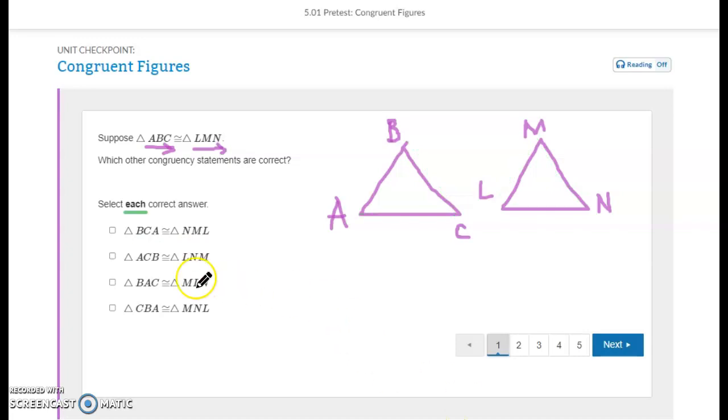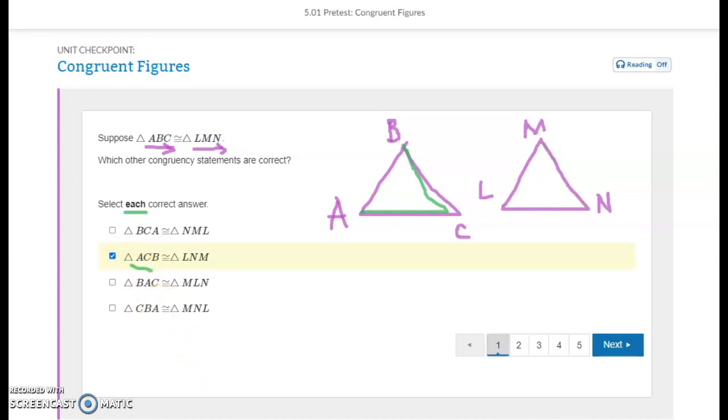Let's try letter B. We have ACB, A to C to B, is congruent to LNM, L to N to M, and that is in the same order, so I'm going to mark that one as correct.